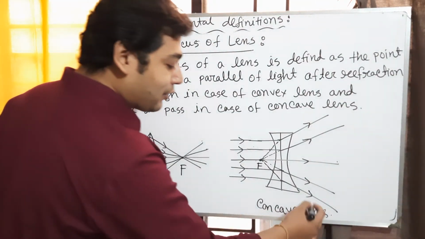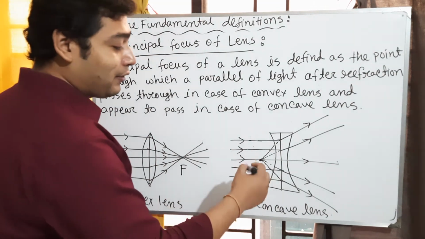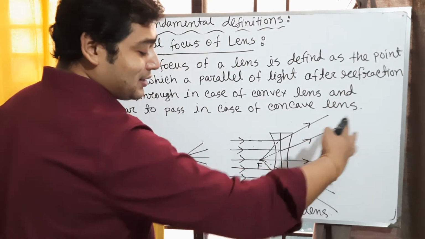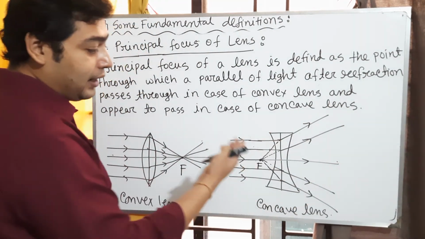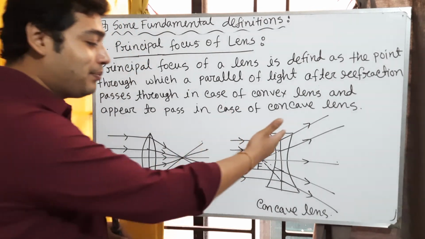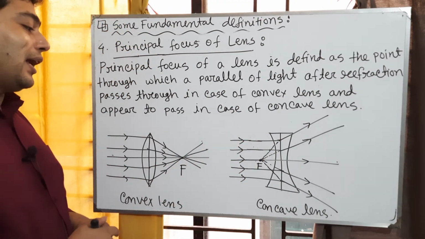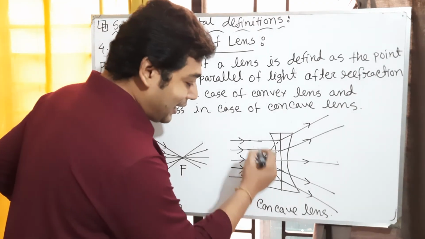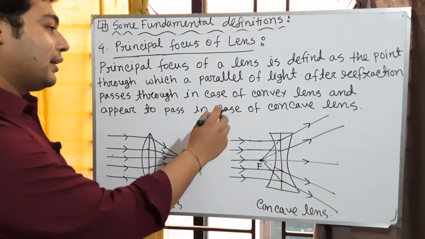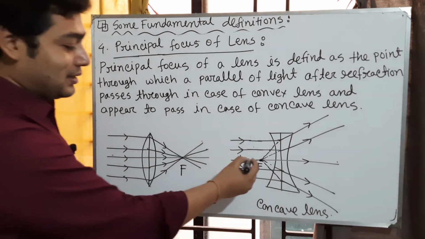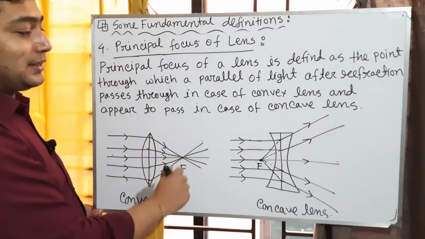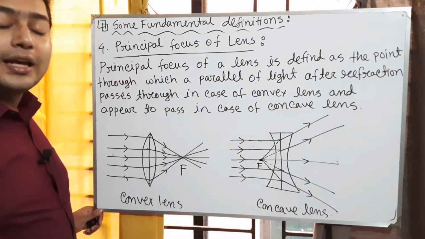And here for the concave lens, the light rays are diverged. So if we draw the lines backward, we see that at point F the light rays appear to pass, in case of the concave lens.